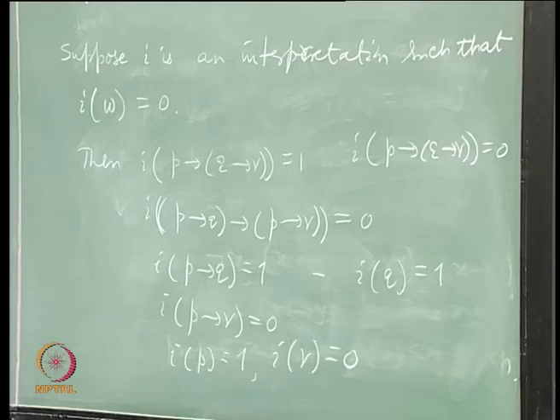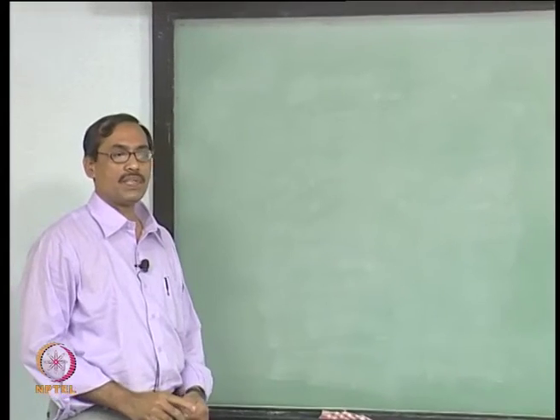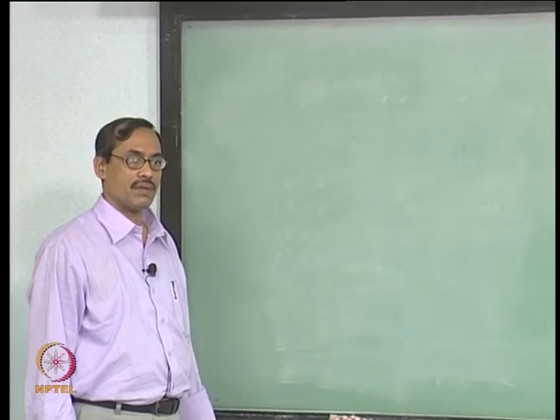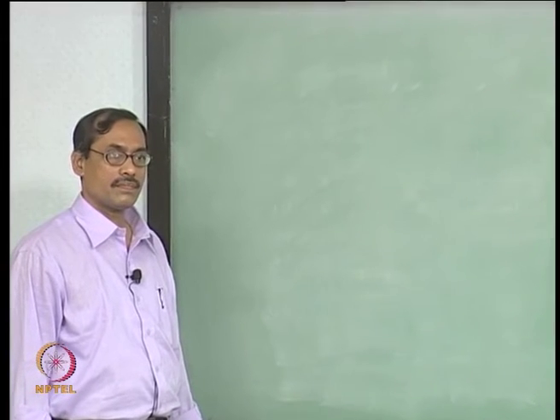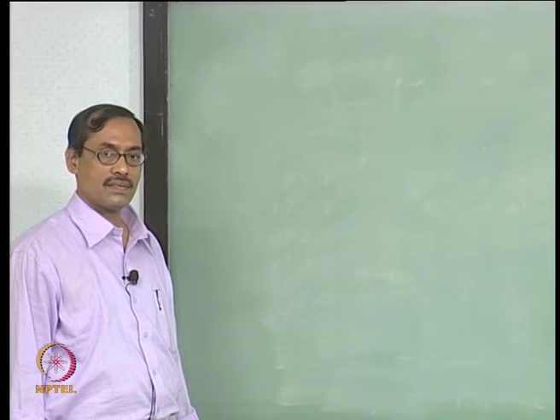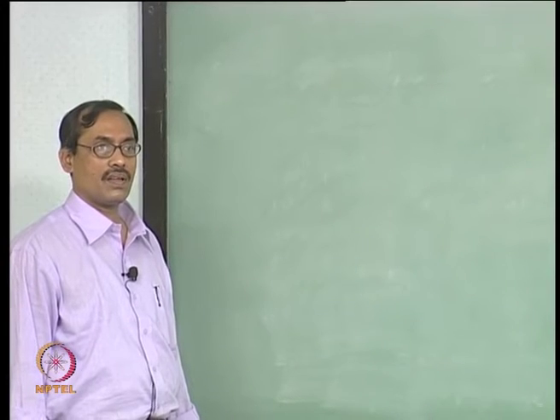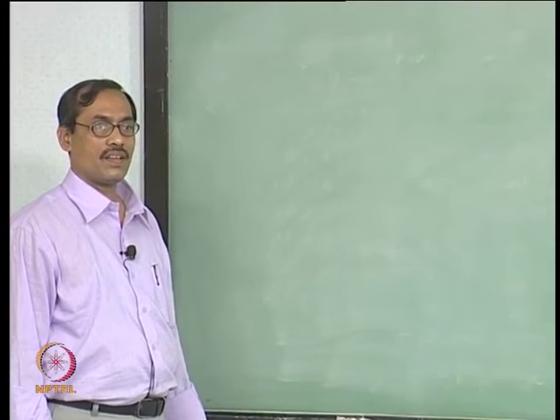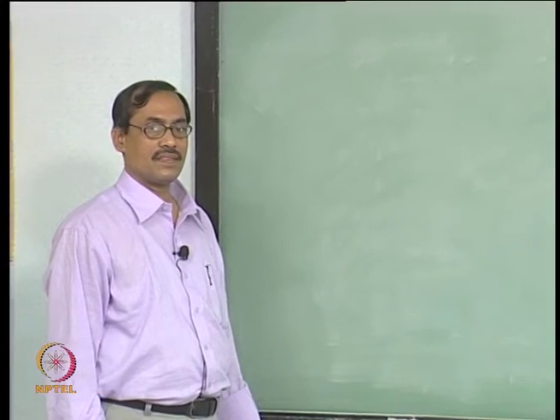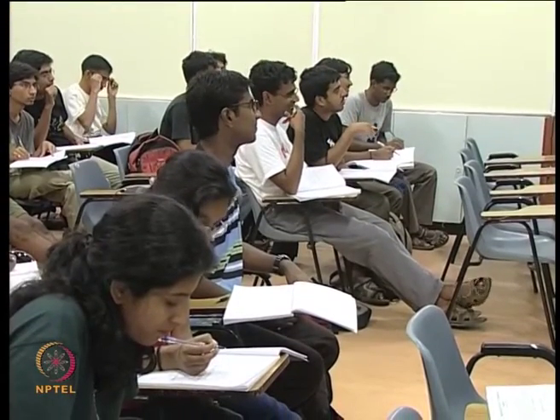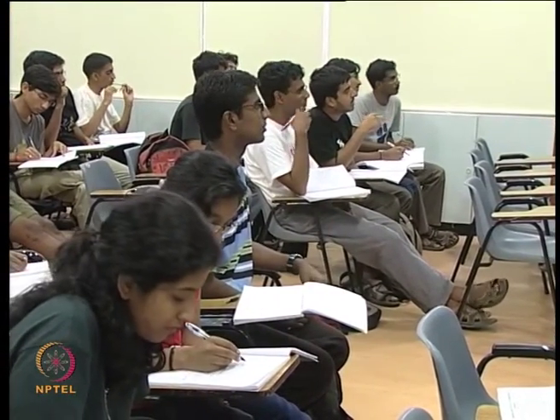Is that clear? Now, if one proposition is valid, then it has to be satisfiable. Why is it so? Models always satisfy. All its interpretations should act as models, so there should be at least one interpretation which acts as a model.